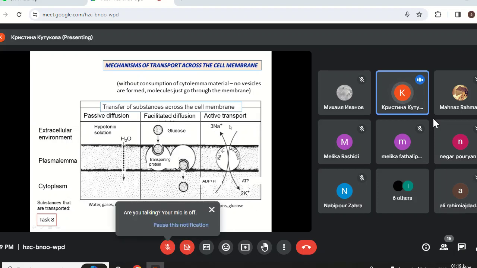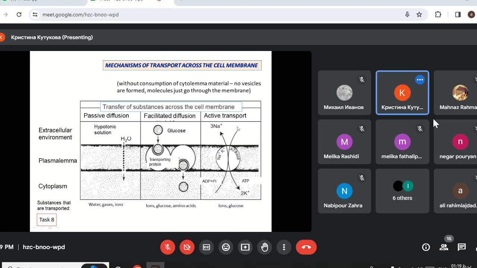Active means two things. First, that it goes against the concentration gradient from lower to higher concentration of ions. And second thing, that it is performed with the help of ATP molecules.